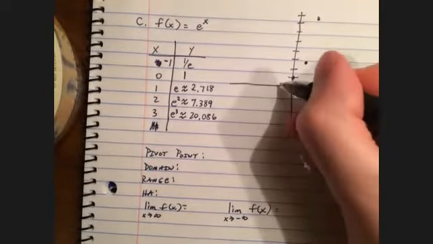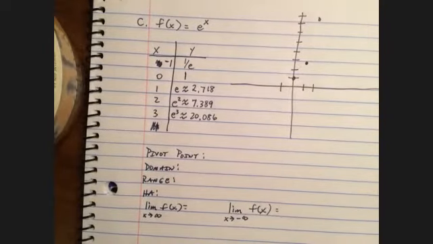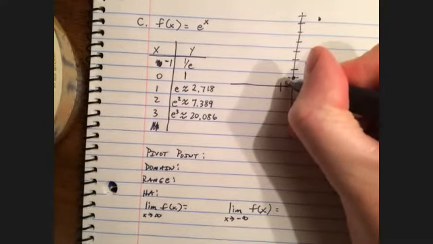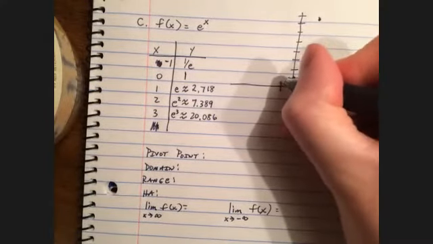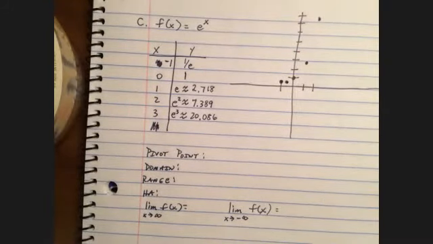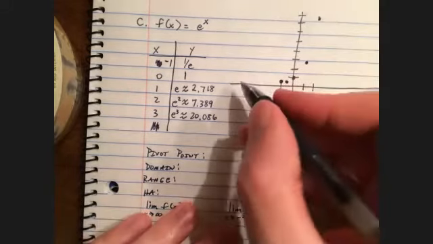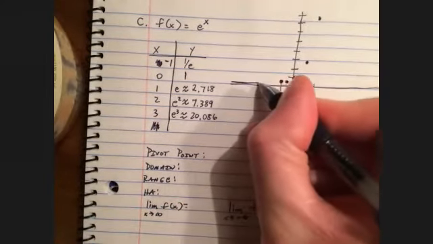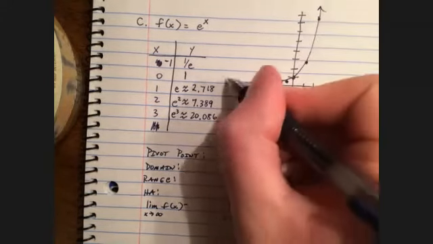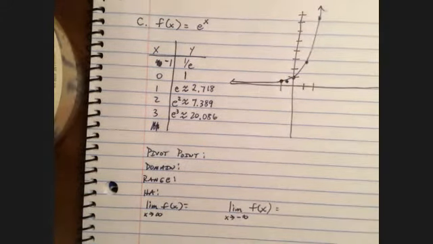And then we have our -1, and then 1 over e. Oh, sorry, I went in there. Right here. -1 is 1 over e. So disregard that first little point I put in there. So it's going through. There's our graph for e to the x.